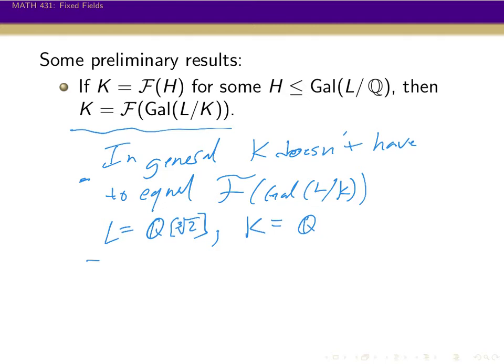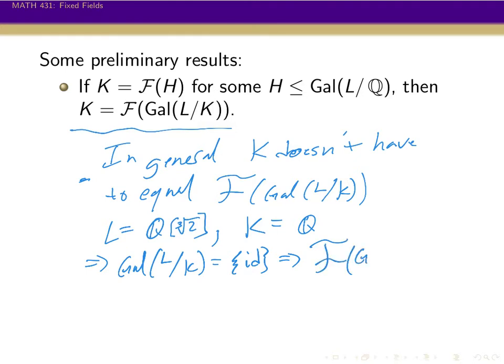The Galois group of this extension is just the identity, and everything's fixed by the identity, and so this means that the fixed field of this is actually Q adjoin the cube root of 2. So that's L and not K.